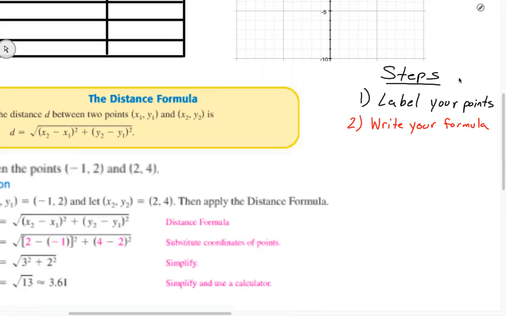And that brings me to 3. Step 3 is to substitute. So you're going to take what you labeled, you're going to take your formula, and you're going to substitute in what you got. And the fourth step is we need to simplify or solve. They're kind of like the same thing to me, but there is a difference. Doesn't really matter. You'll get it. It'll make sense. But those are your steps.